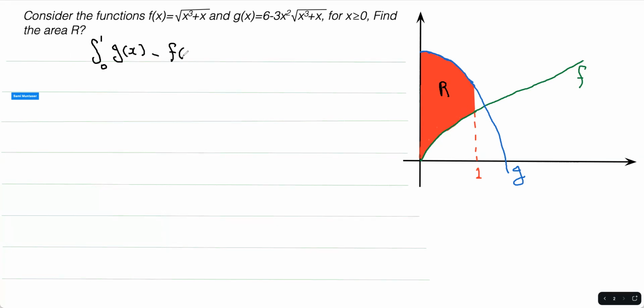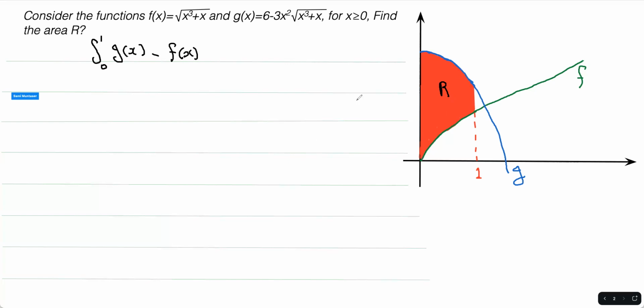minus f of x. And the reason for that is, when we find the area using integration, it's always the above graph minus the lower graph. So under the shaded region, the g is above the green.